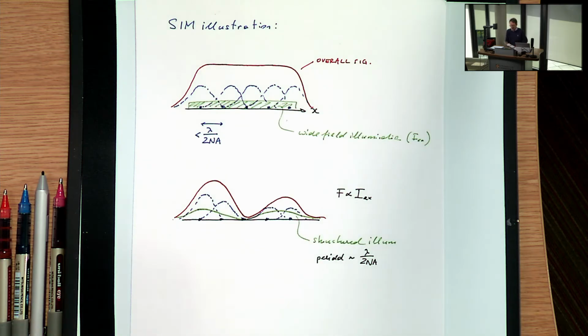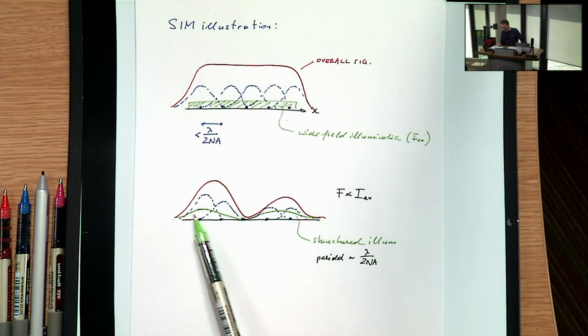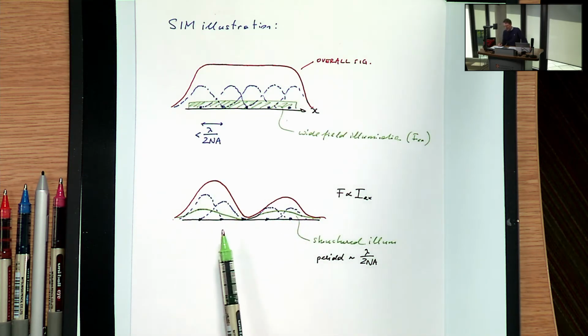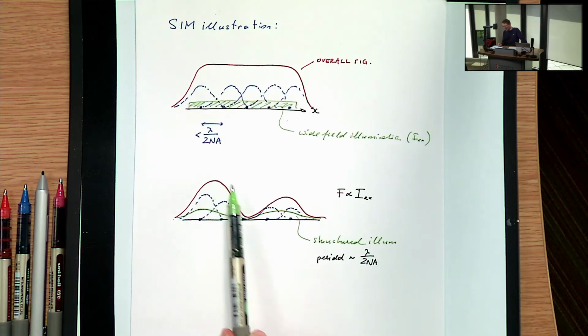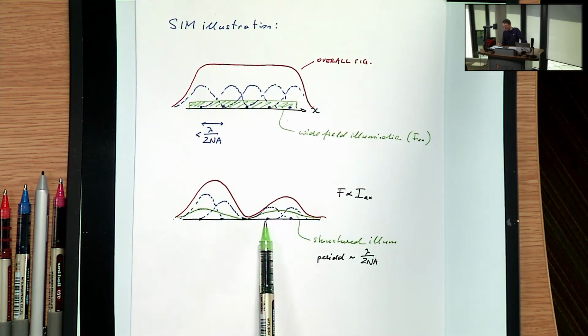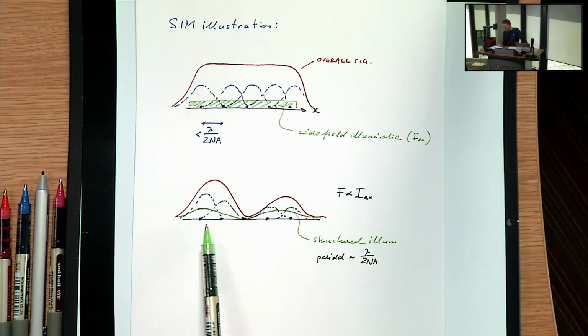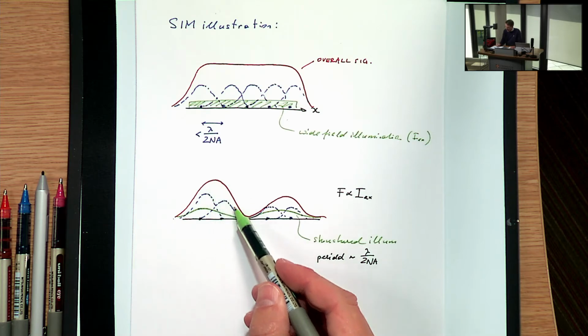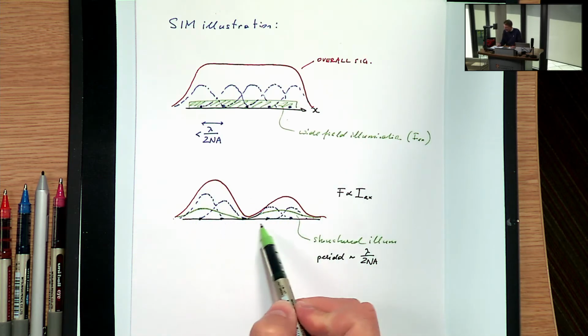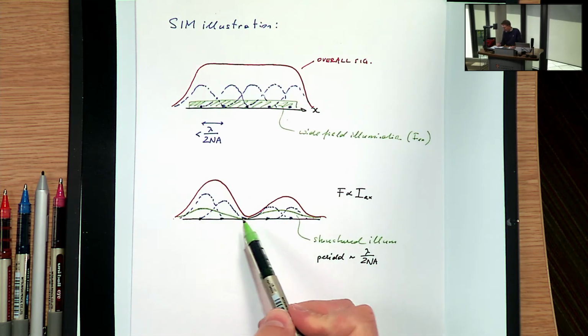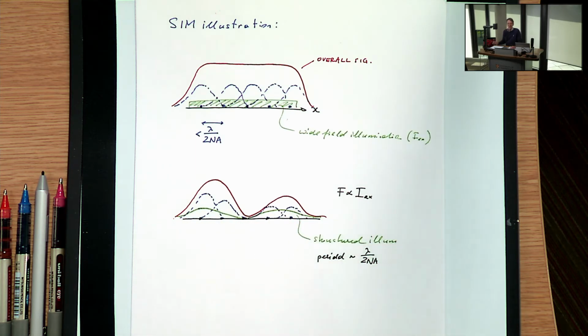You have already got more information than before because there is a modulation, and that modulation tells you that there's something going on in here, that has to do with the way that these fluorophores are arranged down here. So the overall amplitude here is a reflection of the underlying fluorophore distribution and, of course, of the way that we illuminate the sample.